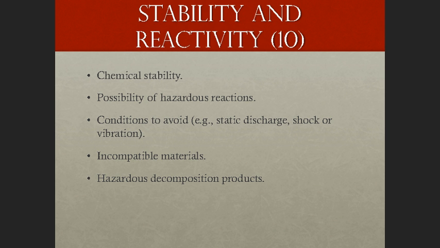So this section, Section 10, is going to give information to the reader about incompatible materials, chemical stability, and what types of reactions you could expect or reasonably expect. So this information is going to clarify that kind of procedure and allow you to prevent any incident or accident to employees.